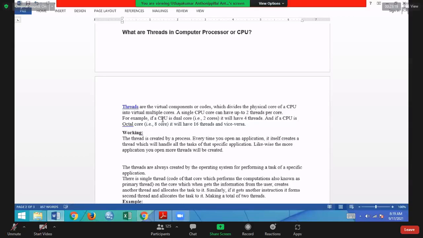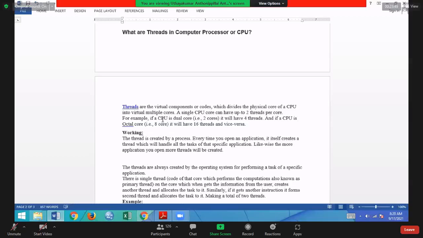Maybe we can say it is a dual core processor, a dual core computer. Sometimes we call the computer by the processor name. Dual core means the CPU is dual core. Dual means two, so it is 2 cores, then it will have 4 threads.